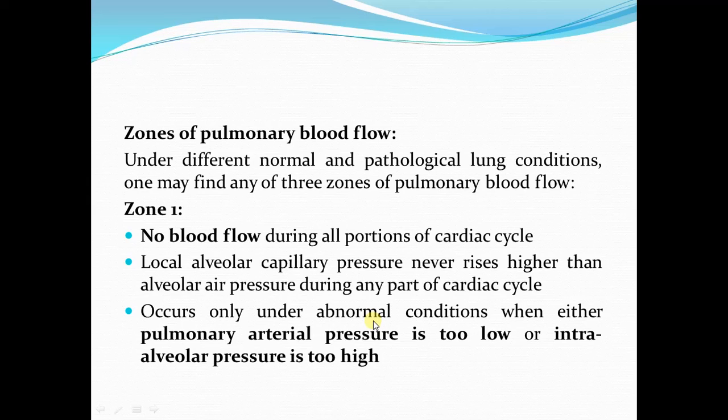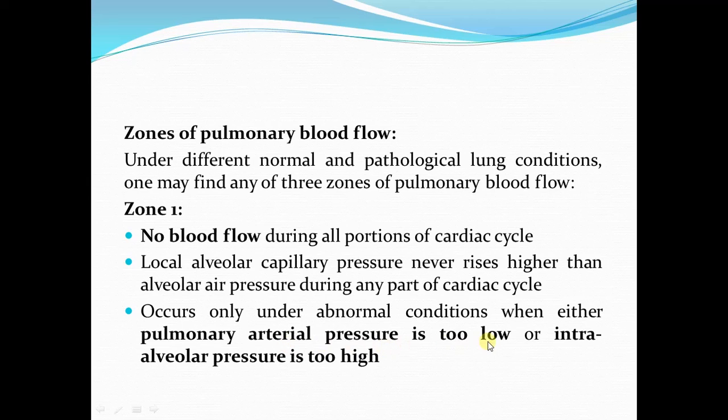The conditions in which zone 1 blood flow can be seen are, first, when the pulmonary arterial pressure becomes too low, such as because of decreased blood volume. Loss of blood due to hemorrhage can result in decreased pulmonary arterial pressure, and this can cause zone 1 blood flow in the lung apex.